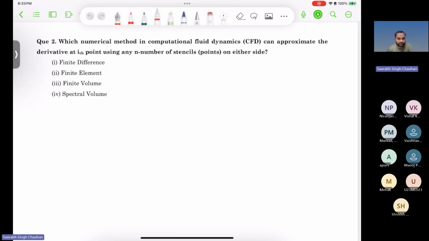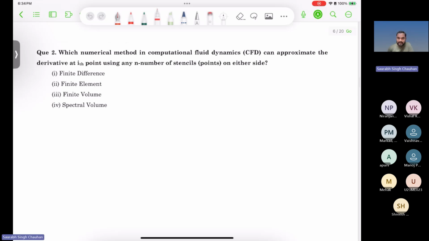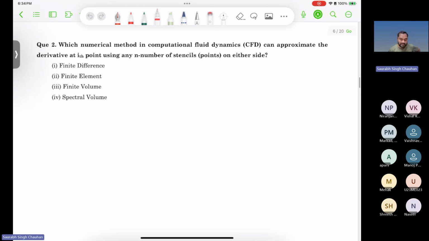That is the benefit of using finite difference, which we cannot use in finite volume. Finite difference and finite volume have been discussed briefly in this lecture and will be discussed in detail in upcoming lectures. But for the time being, I hope it is clear. Finite difference.